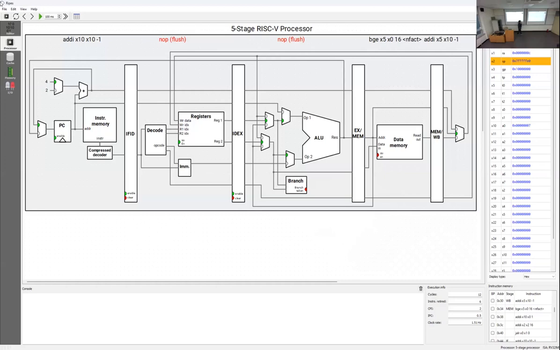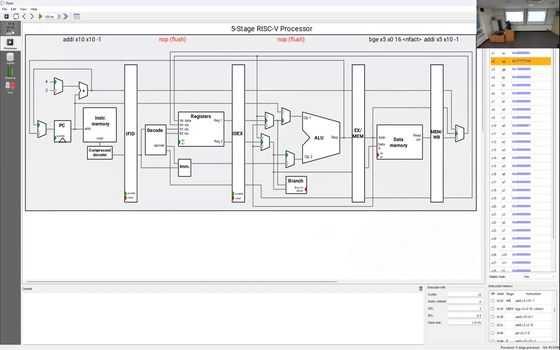I think it's a great tool for studying computer architecture, and I hope everyone can understand the real behavior of this pipeline processor.